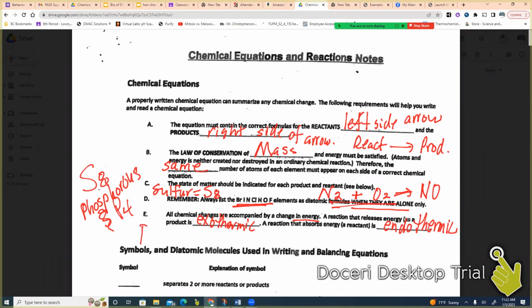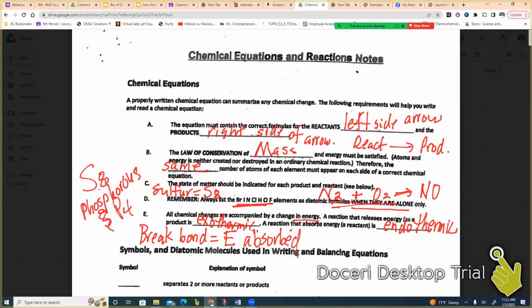So whenever a bond is broken, energy is released. That's not what I meant to put. Let's put energy is absorbed, sorry.